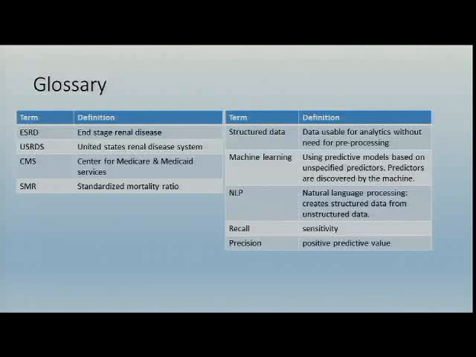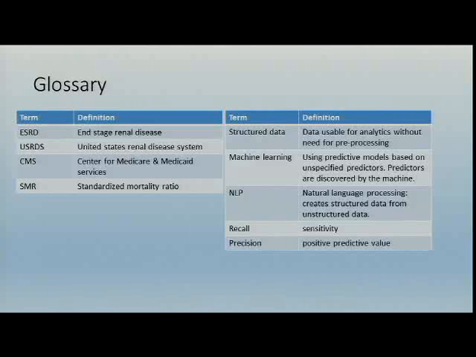CMS, that goes without explaining. Standardized mortality ratio, I'll get to it in more detail, but that's basically a standardized metric of the mortality of a dialysis unit. Most of you are probably familiar with most of the stuff on the right side of the slide: structured data that we can immediately, or with minimal pre-processing, input into analytical processes.